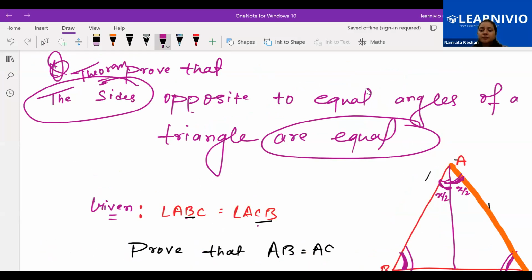Anam, Saad, Sara, Hanan, Arhan, are you able to do it by yourself? I'm waiting for your response. If you have proved it, then please let me know which congruency criteria you have used.